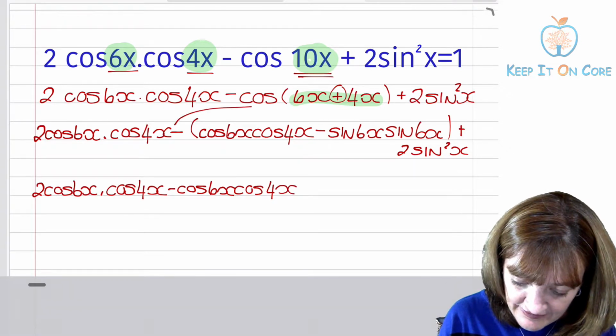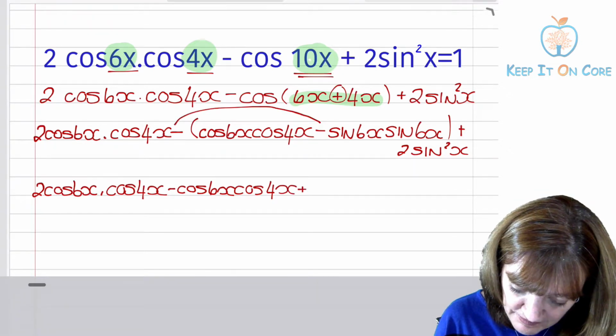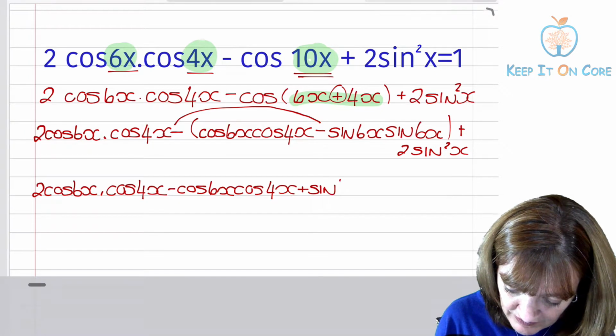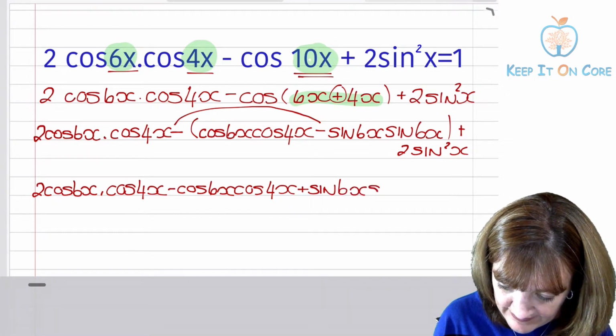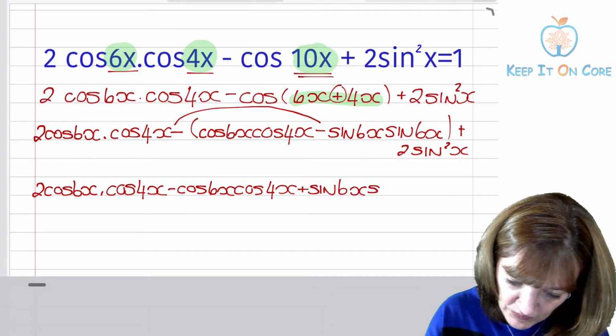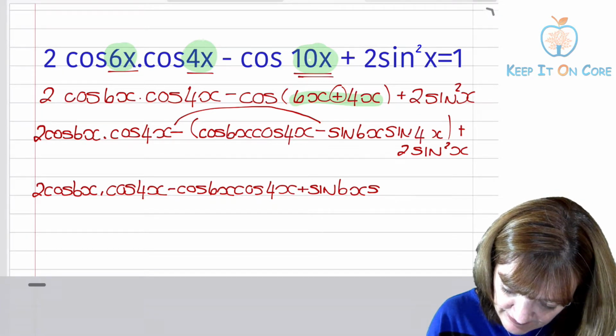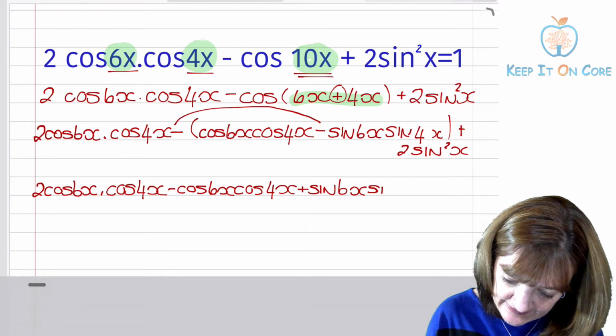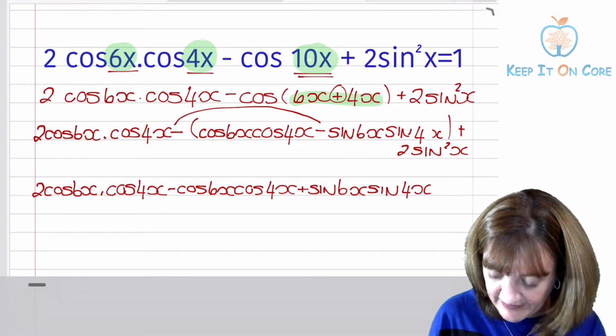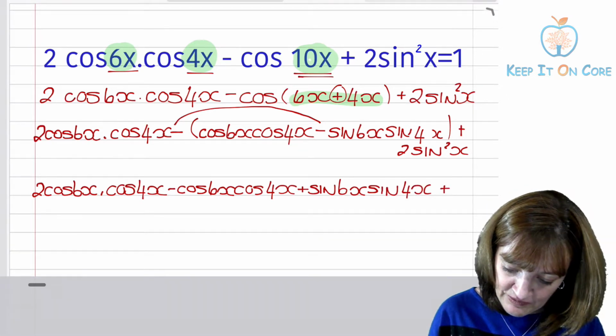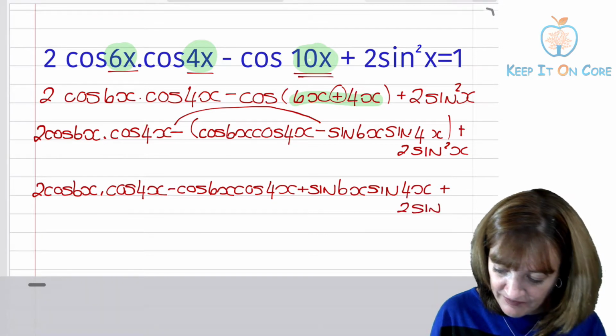A negative and a negative become positive, so we've got sine 6x sine 4x. Sorry, that was supposed to be a 4x, so let's correct that. All right, so sine 6x sine 4x, and then again we've got this 2 sine squared x over here.